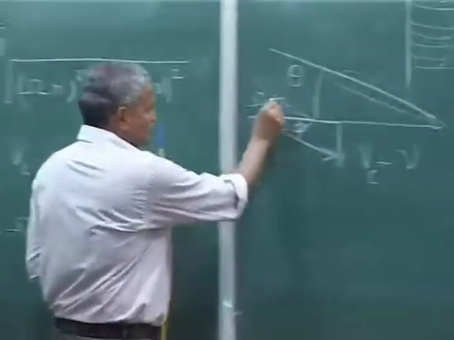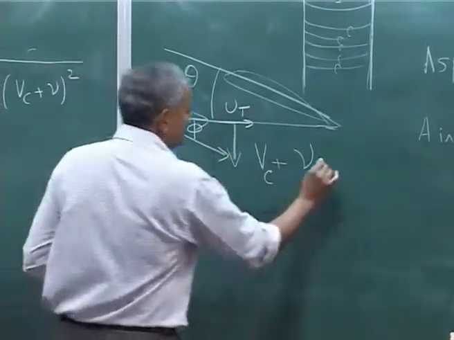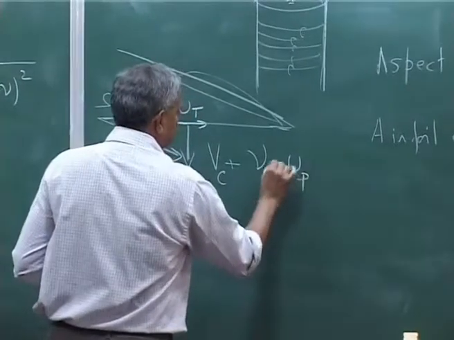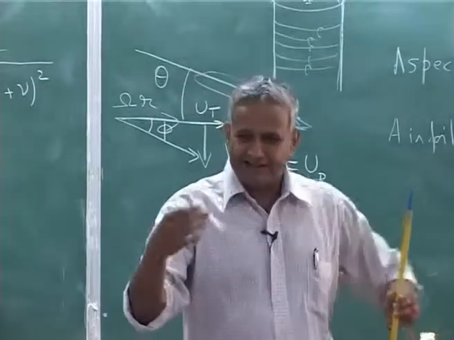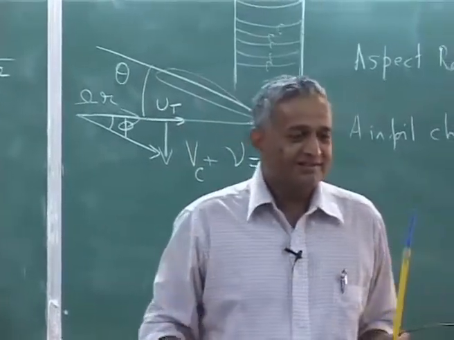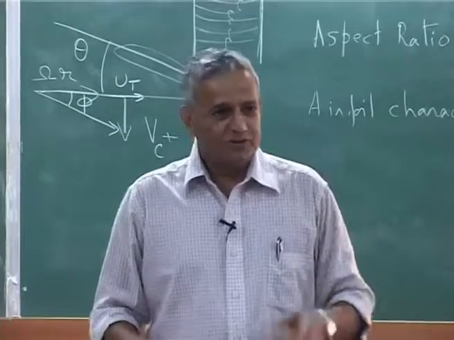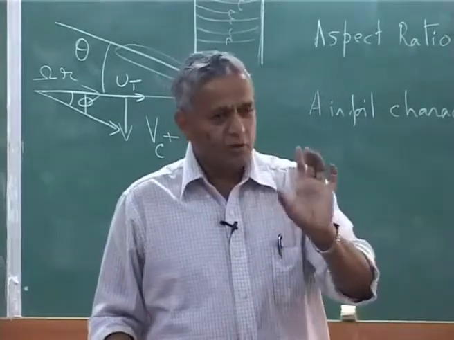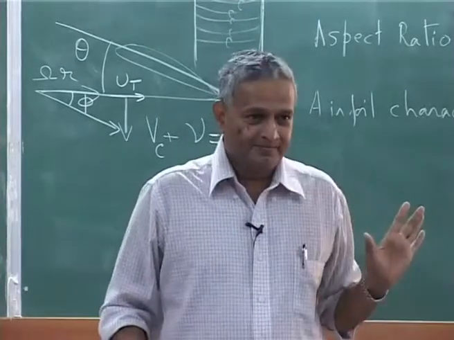So, this is ut, this is up. This is a standard notation that is used for ease of understanding. Ut is tangential, up is normal, everything with reference to the aerofoil.